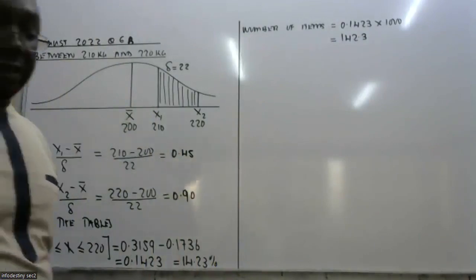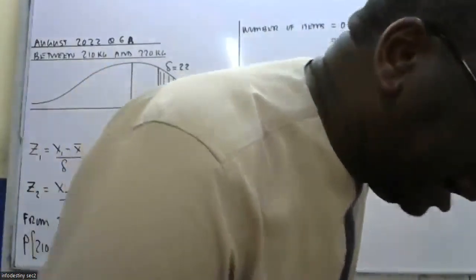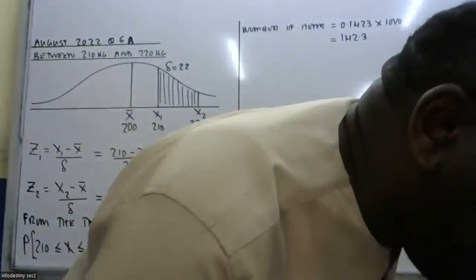Okay. The next question is asking, determine the number of items that have weights between 180 kilos and 230 kilos.